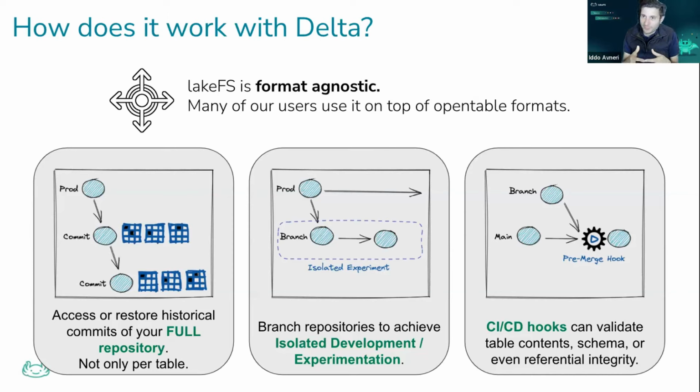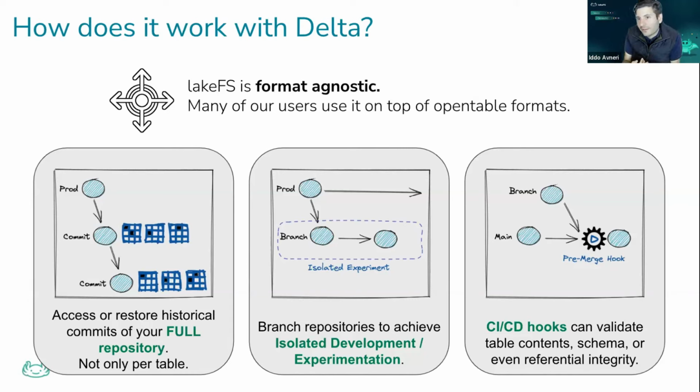The ability to not only go back in time on a specific table, but go back to the last release, right? But it also means that when you go back and look at historical data, or you want to maybe backfill, reprocess, do a lot of these kinds of use cases, the historical commits are also for multiple data sources and not only one table.